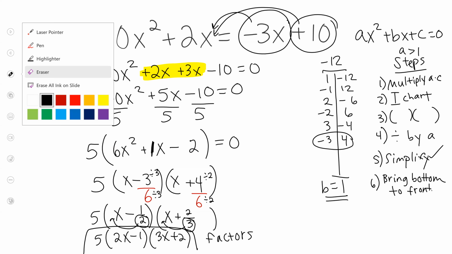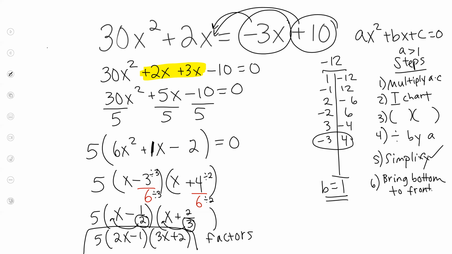Okay, now let's practice solving. Let's say I want the solutions, or I'm going to call them zeros this time, since these are interchangeable. My zeros, set the factors equal to 0. So 2x minus 1 equals 0, and then solve it. Add 1, so I get 2x equals 1, and divide by 2.